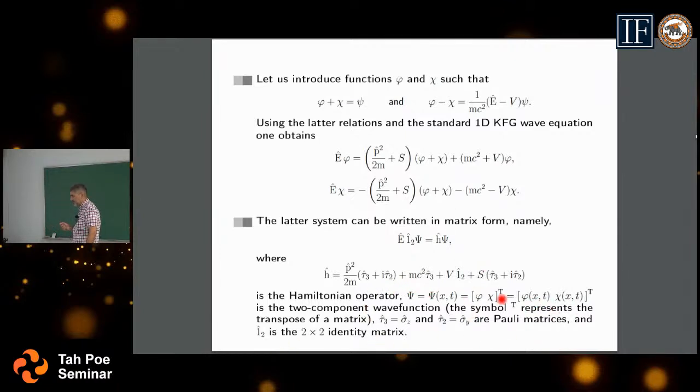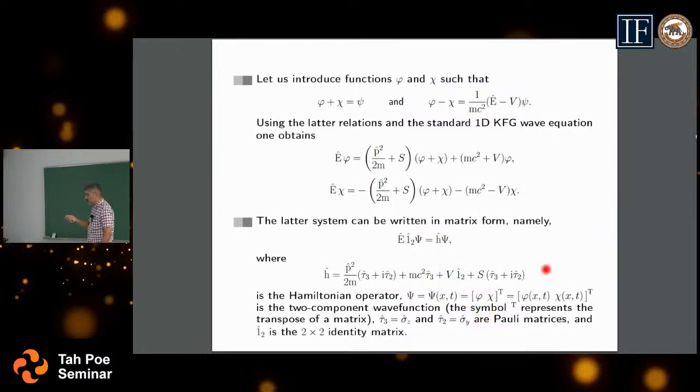Look at this equation, at this Hamiltonian. There are problems with the operator, but we can pass over those problems if you want. Look at this. You have a wave function with two components. The upper component is phi, and the lower is chi.